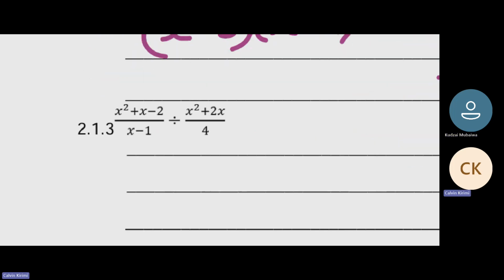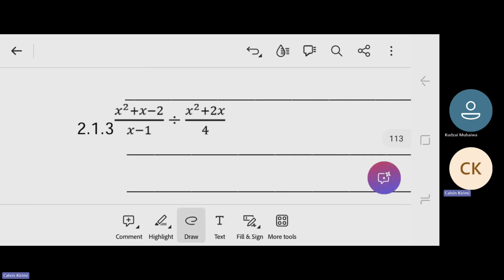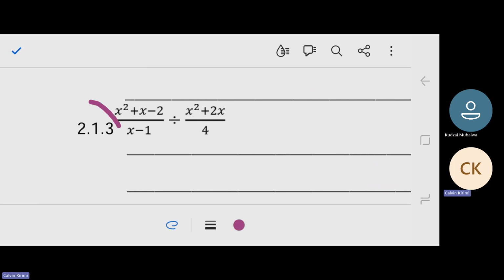When you are given the one for dividing, if they say that fraction is divided, you can rewrite it in terms of multiplying, isn't it? Yes, sir.